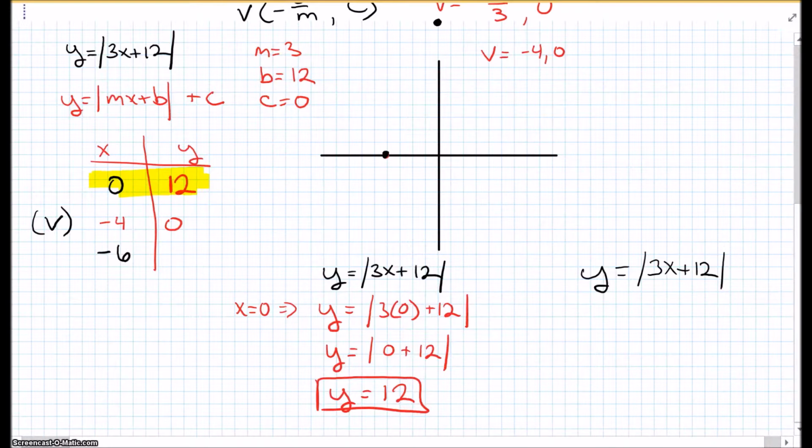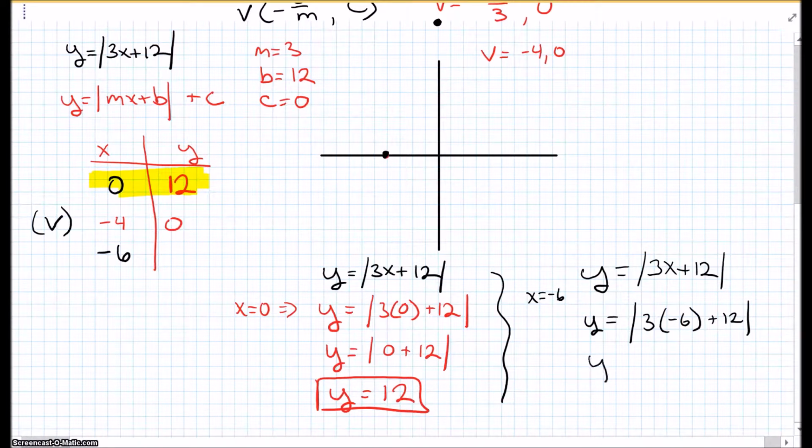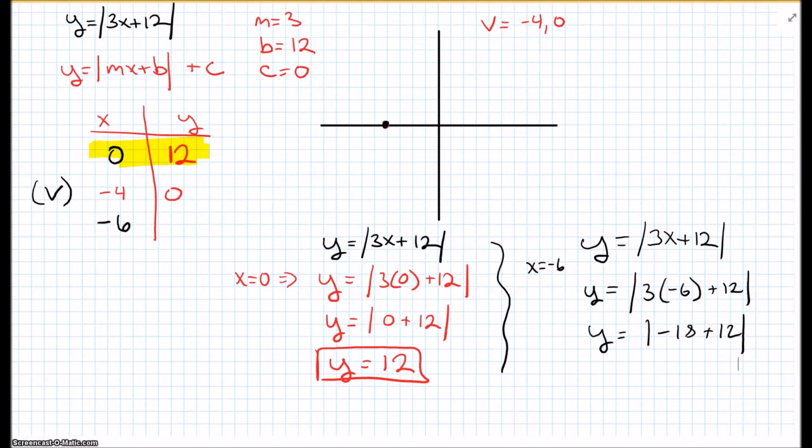So this is when x equals negative 6. y equals the absolute value of 3 times negative 6 plus 12. So y is going to be the absolute value of negative 18 plus 12, which is the absolute value of negative 6. What's the absolute value of any negative number? Positive. So y is positive 6.